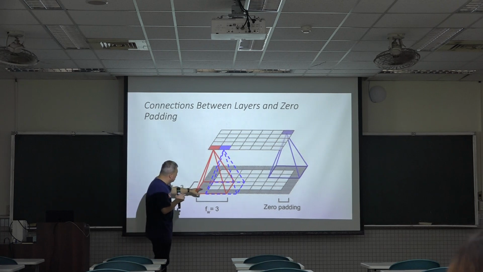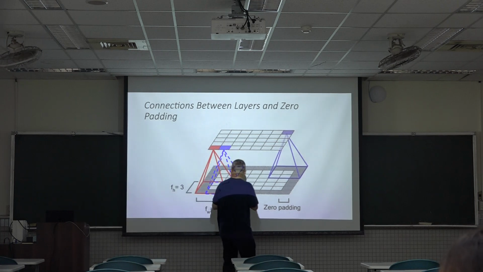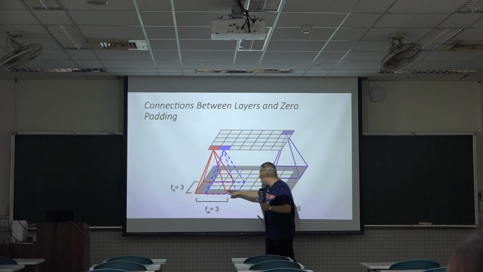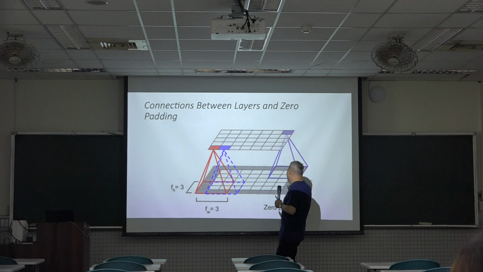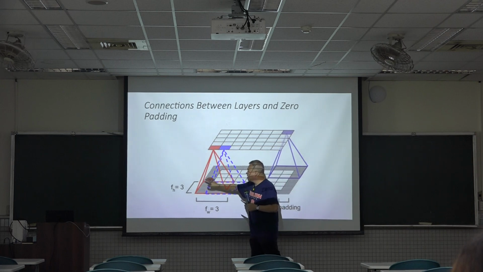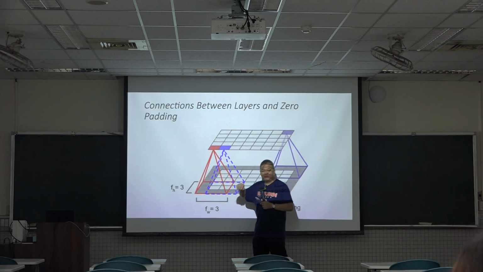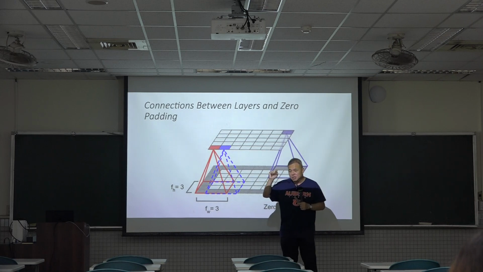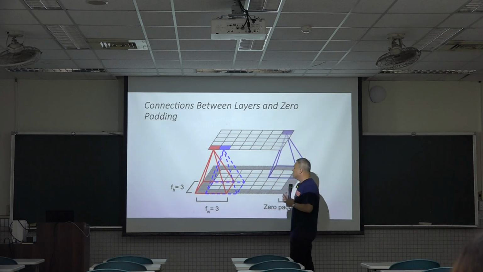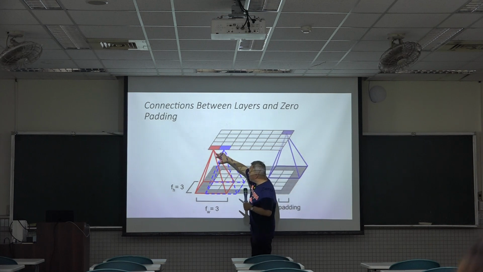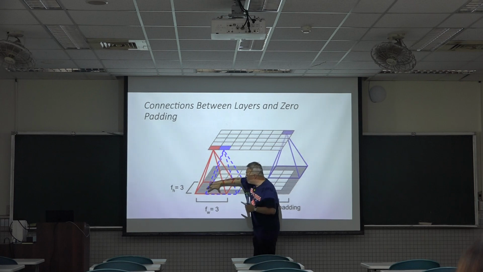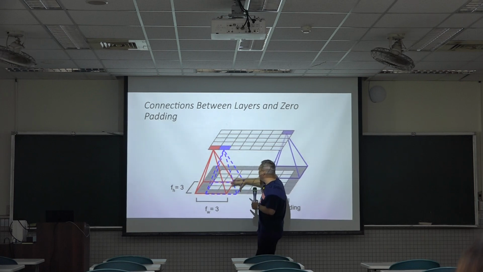This gray area, I mean, this is the original input. The gray area indicates the area where we pad the zeros. Because if you look here, this one has 3 by 3, this one has 3 by 3, moving one to the right, and so on.